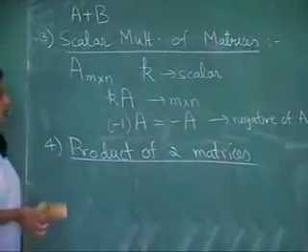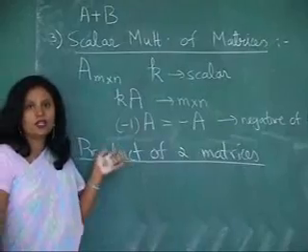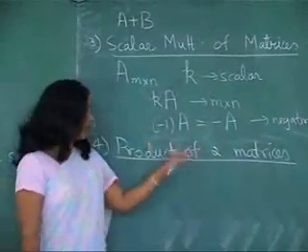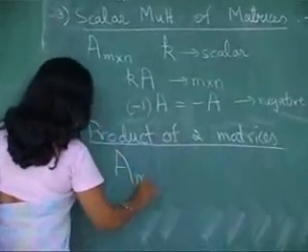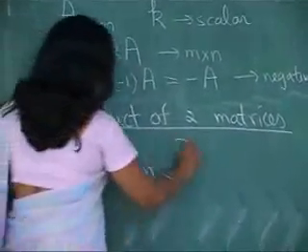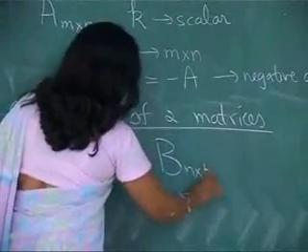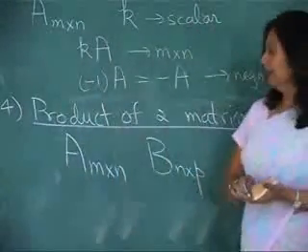The first condition is, there is a very stringent condition on the order of two matrices if you wish to multiply them, and that is, suppose A is a matrix of order m by n, B is a matrix of order n by p.